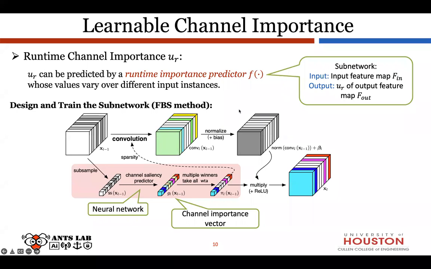Here, are you talking about the training or just about the inference, in this figure? I think it is a fine-tuning stage. After we have trained the model, the next step is we want to learn this runtime importance predictor. So we fine-tune this model and get this predictor.